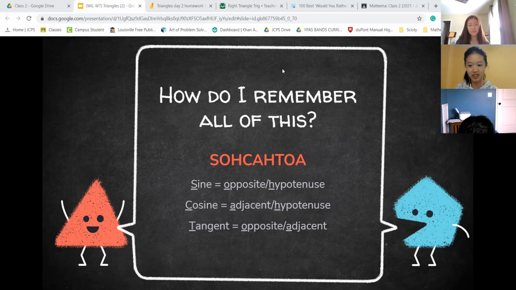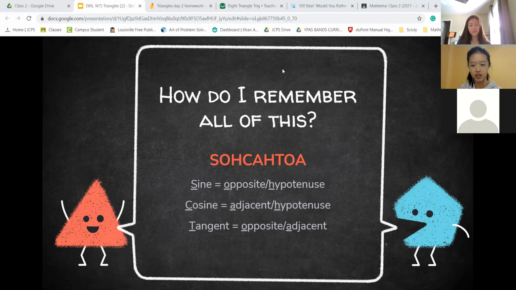The CAH part is cosine: the C equals the adjacent, the A, divided by hypotenuse, the H. Finally, tangent is just TOA: tangent is opposite divided by adjacent. If you have trouble remembering, just remember SOHCAHTOA and try to sound it out.